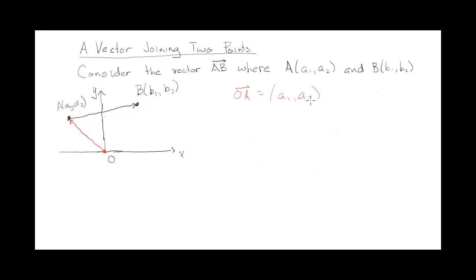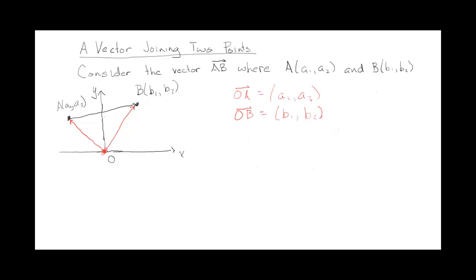And then similarly, there's this other vector starting at the origin, going to the point B. So that'd be vector OB, which we can write using its endpoints, B1, B2. So when we write a vector using components, whatever the components are, you mean the vector starting at the origin, going to that endpoint.